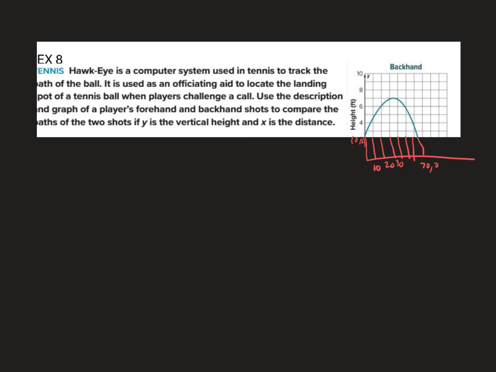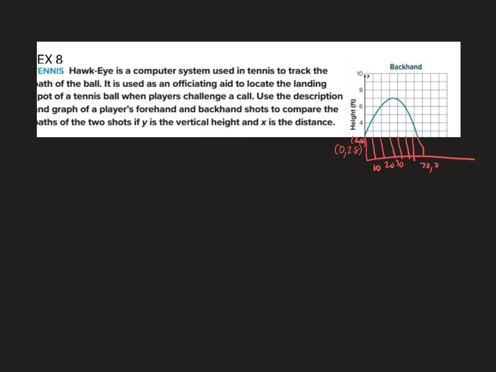Now, the description says, during the forehand, the ball leaves the player's racket at a height of 2.8 feet. So does that look correct? Does that look like the ball is at 2.8 feet? Yes, and I was wrong when I said 0, 2. So obviously that y-intercept is 0, 2.8.